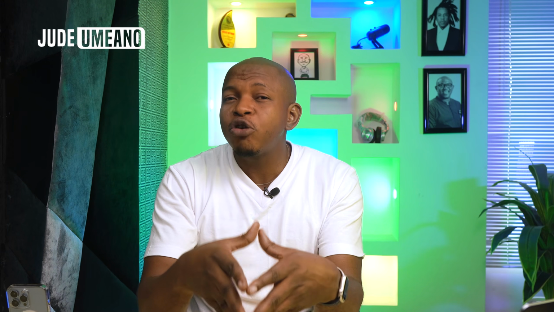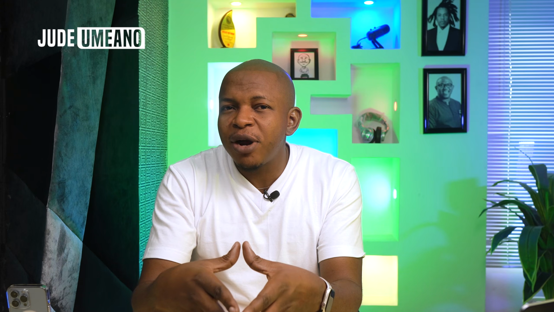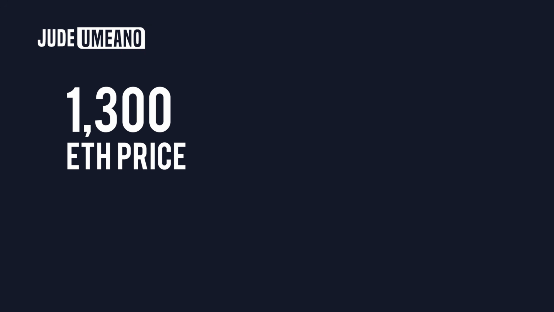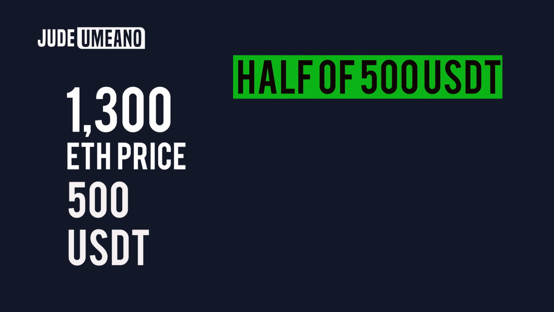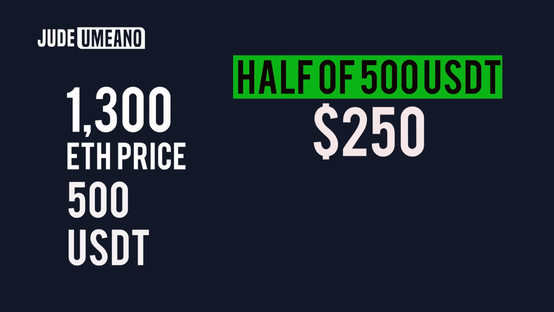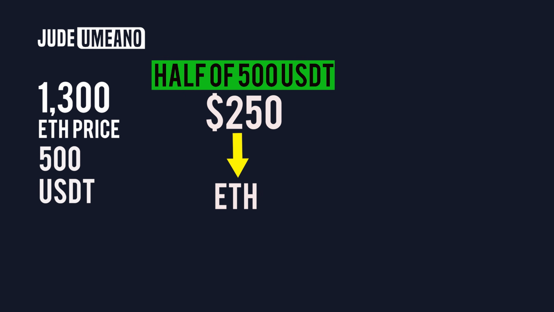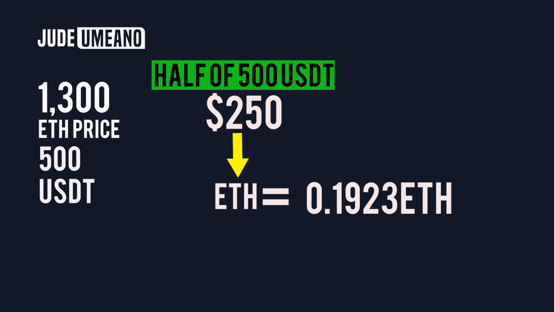When you add liquidity, you have to add an equal portion of the 2 coins. For example, if ETH price is 1,300 and I have 500 USDT and I want to add liquidity, what I would do is that I will use half of it, which is $250, to buy ETH. This will give me 0.1923 ETH.